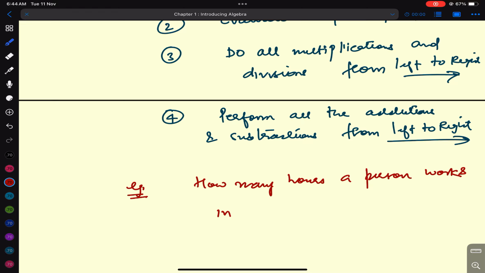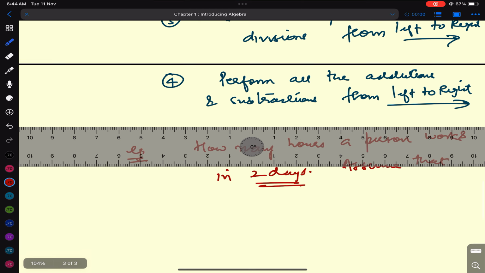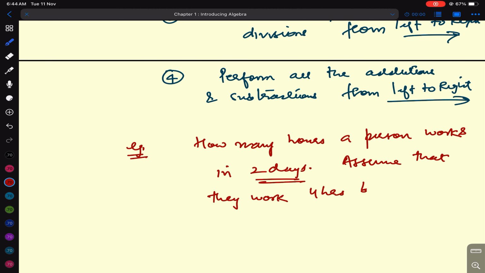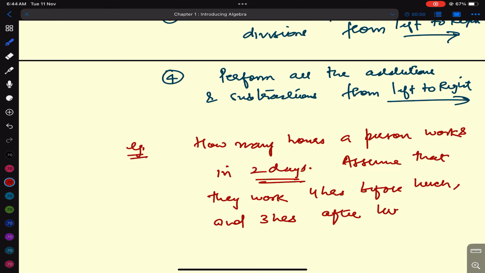Assume that they work 4 hours before lunch and 3 hours after lunch each day.